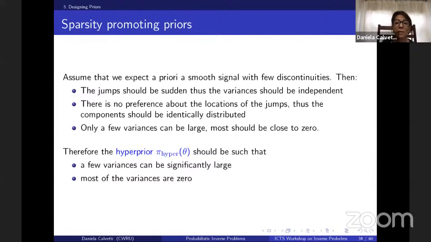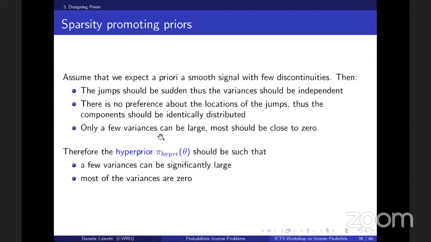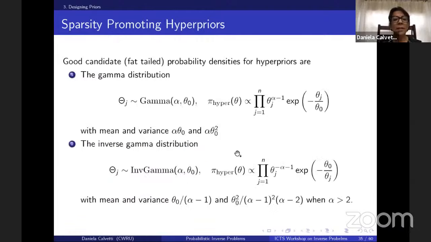So in the choice of our hyperprior, we are going to reach for families of probability densities which are fat-tailed. Fat-tailed means, without getting into the details, that it is natural for these distributions to allow outliers, and how many or how few depends on the particular distribution we choose.